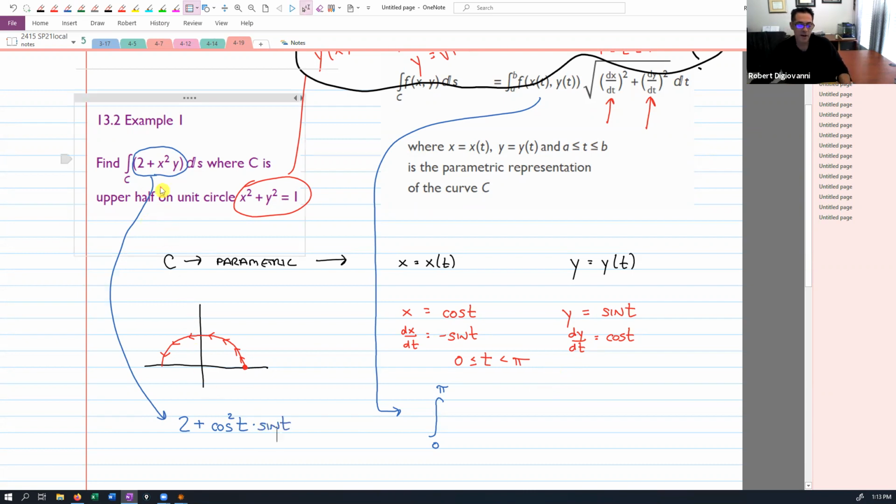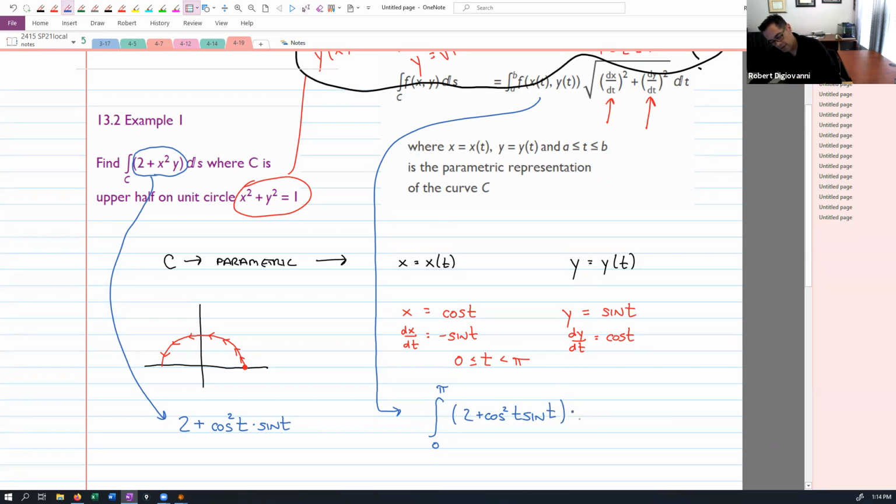Okay, so that is the function converted over to the function evaluated along the parametric equations. So this becomes 2 plus cosine squared t sine t. And now the tricky part.